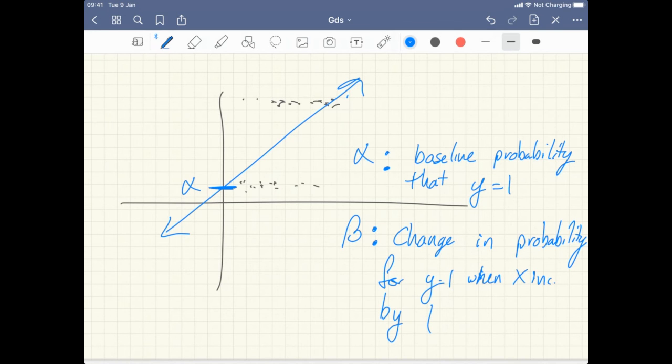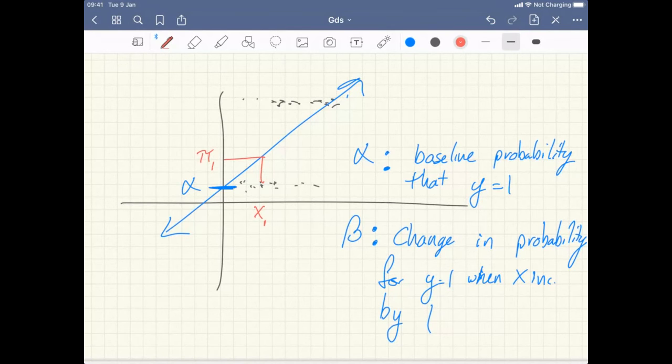Now, the tricky thing is that our predictions are going to be in terms of these probabilities, right? So if I predict at some x value 1, I'm going to get a probability that we can't observe that the observation is a 0.